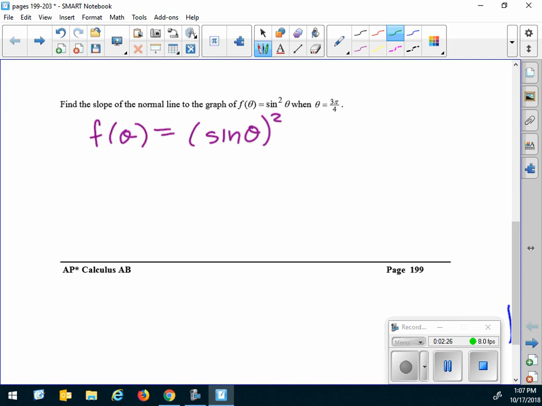Sine theta is my inner function. Are we good there? So f prime of theta. How do I take the derivative of something being squared? 2 times that to the first power times the derivative of the inner function. And that's exactly what we got in the product rule.